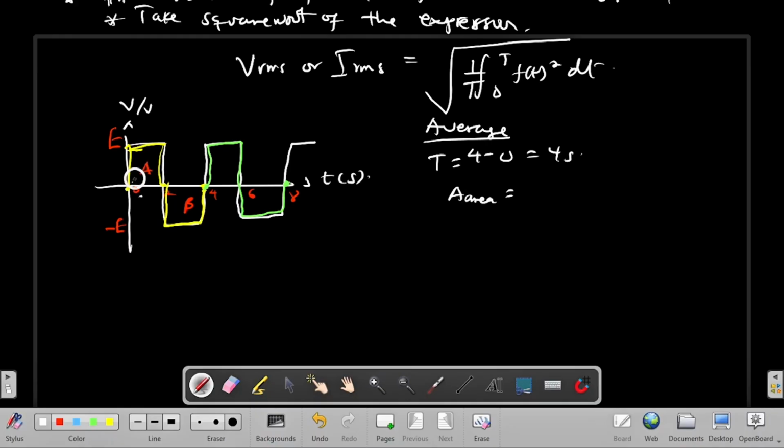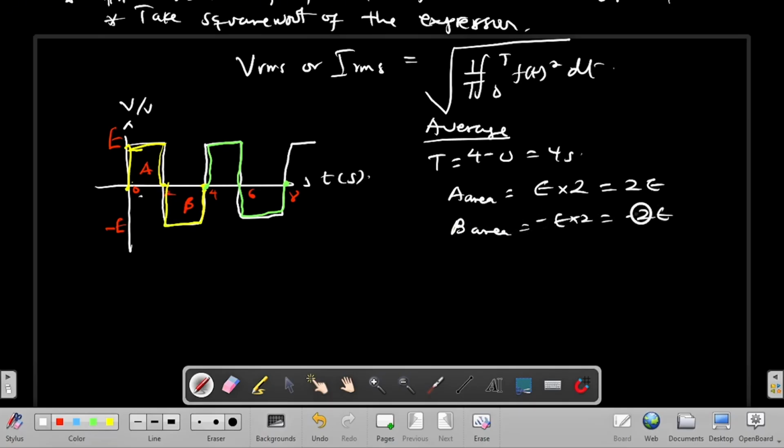What's my length? My length is E minus 0, which is E. So E times the breadth, which is 2, gives me 2E. Area of B, you realize that my length here is now negative E. So B area is simply equal to negative E times 2, and that is negative 2E.